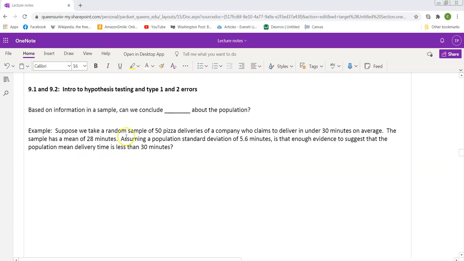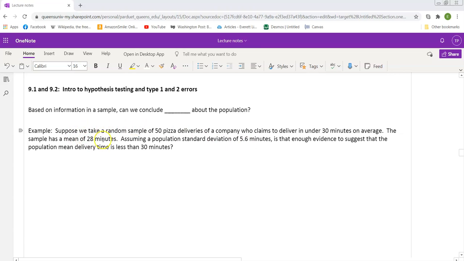And based on that sample of 50 pizza deliveries, the mean is 28 minutes. And we have a standard deviation. So based on all of this information and the standard deviation, we want to know in the population, can we conclude that the mean delivery time is under 30 minutes?